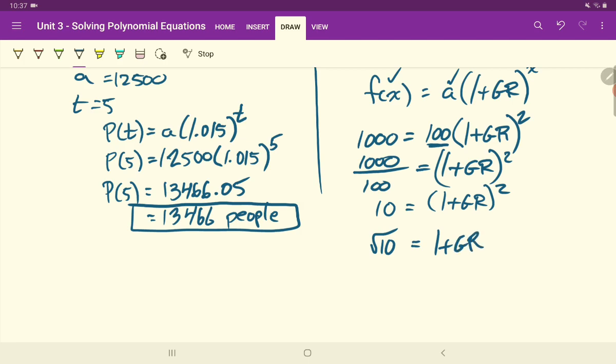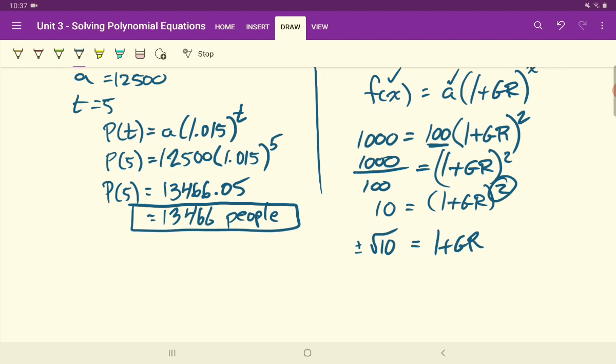But I know that mathematically, because it's a 2, and this is a square root, it can be the plus or minus version of that. So it could be the plus or minus version of the square root of 10. Now, in real life, there's a good chance that you won't use the negative value, right? But mathematically, we know that it exists.